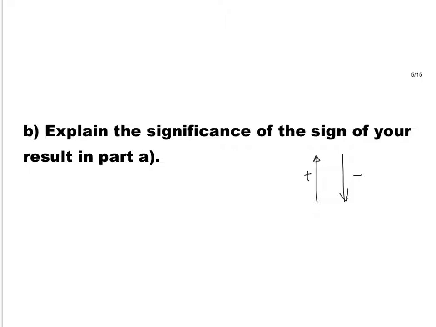When we get that negative 24.5 meters per second, this specifies that the direction is downward. Or another way of looking at it, because velocity is the rate of change of the distance, we can say that because of the negative, the height is decreasing as time passes.